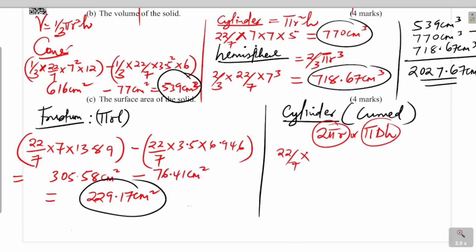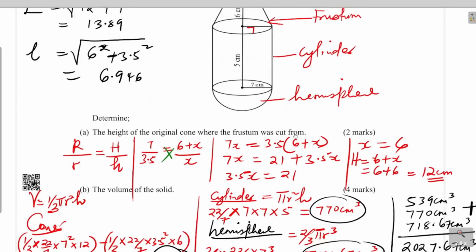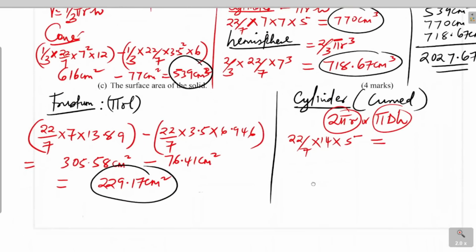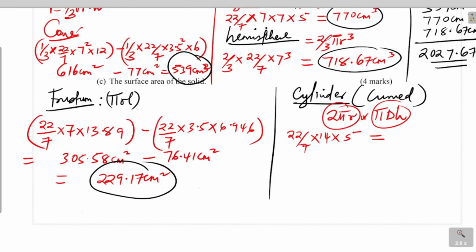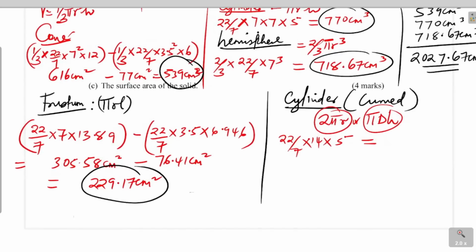The radius is 7, so the diameter is 14, times the height, which is 5. Just look at that cylinder. When you multiply, this will give 220 centimeters squared. So note that.